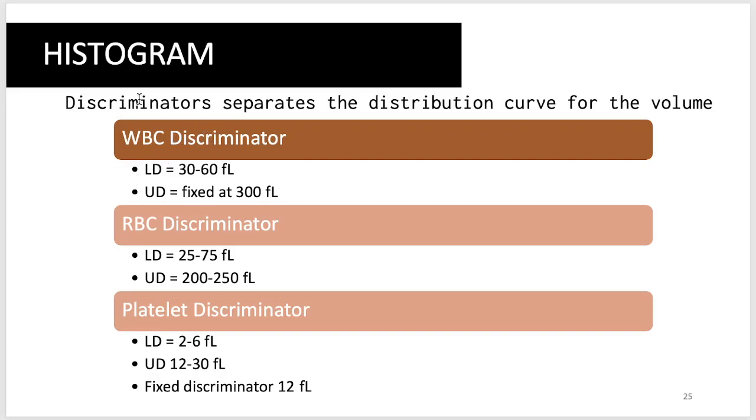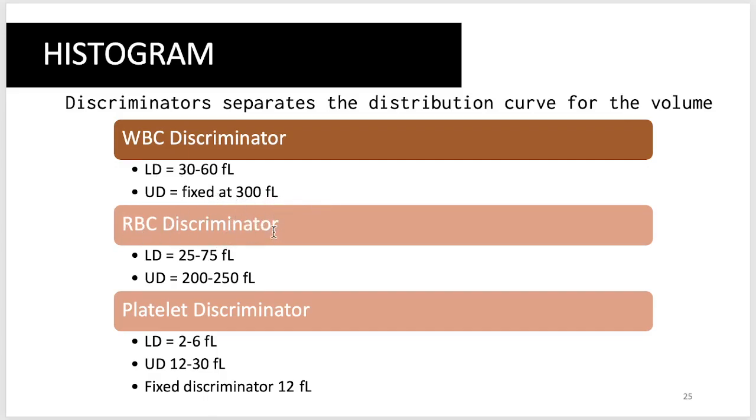Kung WBC ba yan, RBC ba yan, and your platelet discriminator. So pag sinabi nating WBC discriminator, may dalawa tayong tatandaan, yung lower discriminator and your upper discriminator. Yung lower discriminator for your WBC, ang range is around 30 to 60 femtoliter. Pag upper discriminator naman for WBC, that is fixed at around 300 femtoliter.